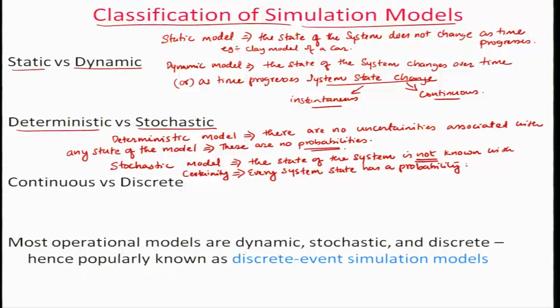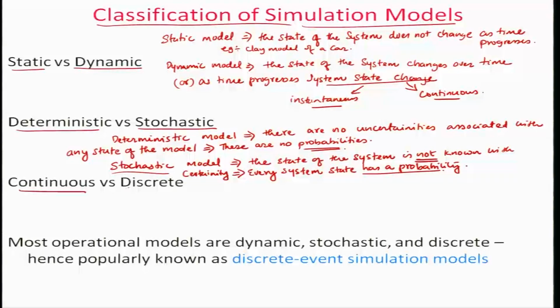So, there is a probabilistic occurrence associated with every system state. A model that represents such a system is called a stochastic model. So, one option is deterministic and stochastic.